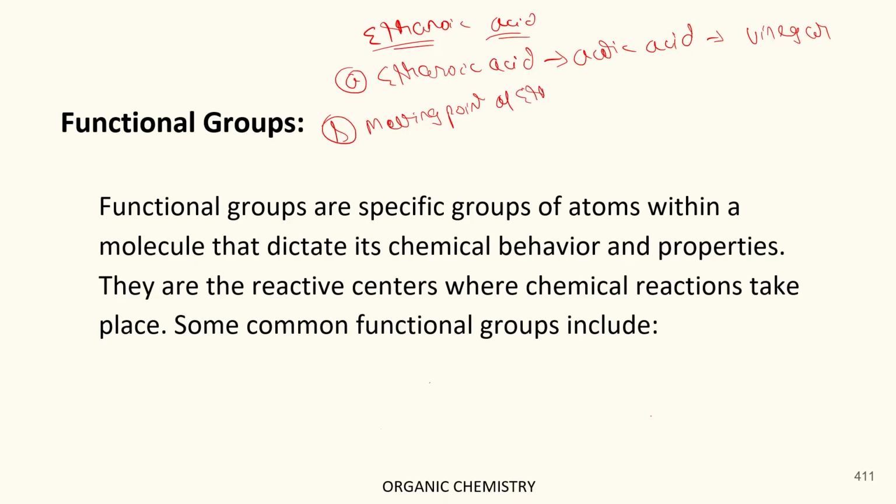The melting point of ethanoic acid is 290 K. K here stands for Kelvin, and we discussed that Kelvin, Fahrenheit and Celsius are the scales used to measure temperature. So it often freezes at cold temperatures.